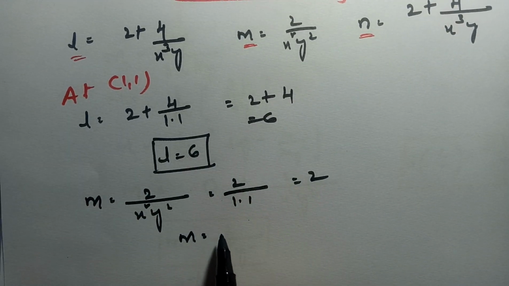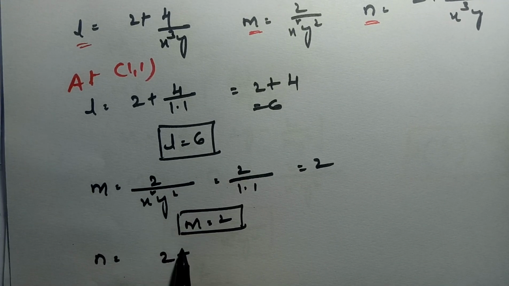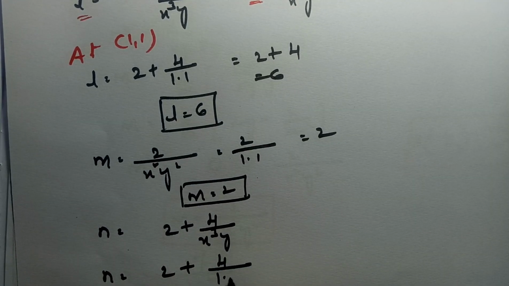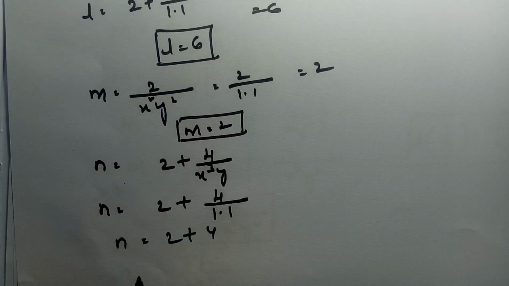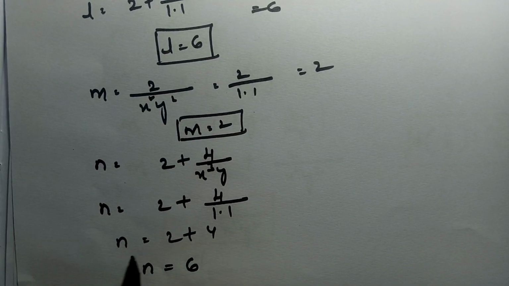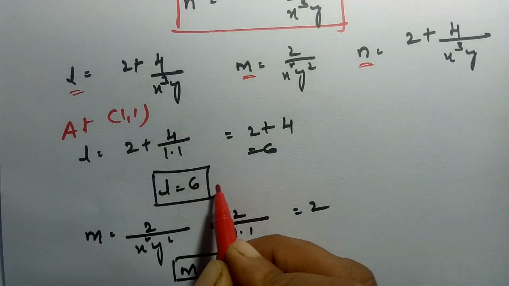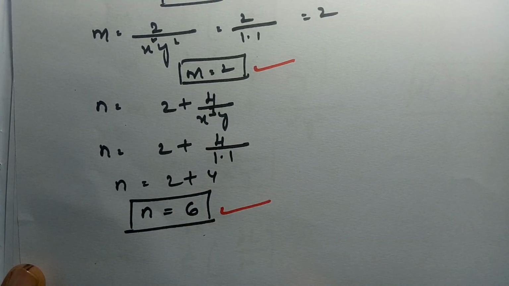So M is equal to 2, and N will be 2 plus 4 times of x cube y, and N is equal to 2 plus 4 times of 1 into 1. N is equal to 2 plus 4, and N value is 6. I got the three values, that is, L is equal to 6, M is equal to 2, and N is equal to 6.